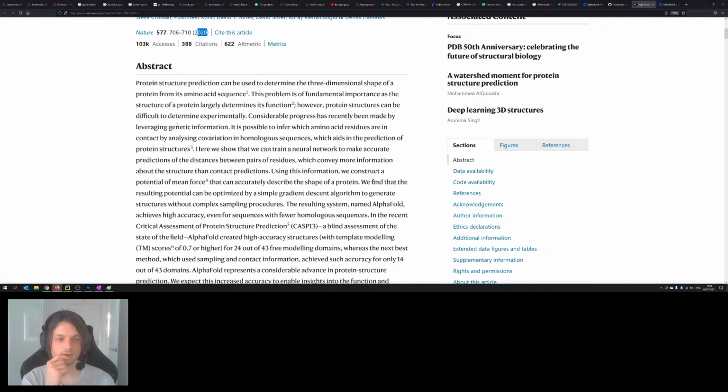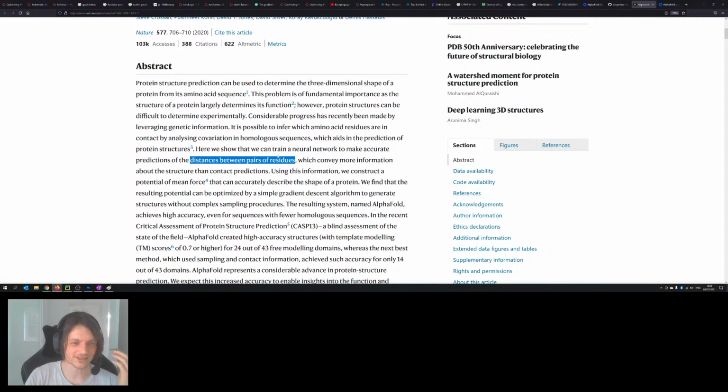Here we show that we can train a neural network to make accurate predictions of the distances between pairs of residues, which convey more information about the structure than contact predictions. Someone's figured this out. Oh god, this is brilliant. Someone had to find that out.